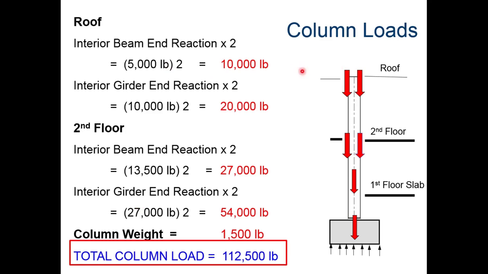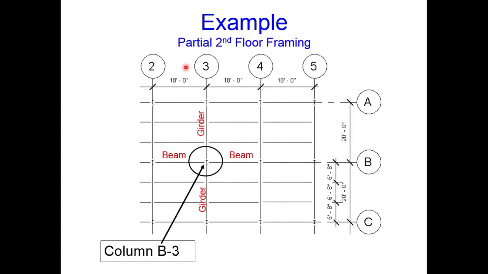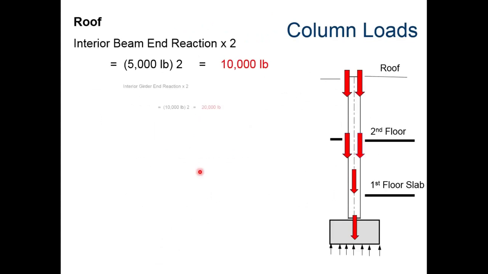So we're assuming that we've done all these calculations. This is exactly like you did with MD Solids. We're not going to go through all that again, but they're just showing a roof and a second floor. You do need to realize this is times 2 because what they're talking about is, back at this picture, 2 beams, 2 girders. That's where they get that from.